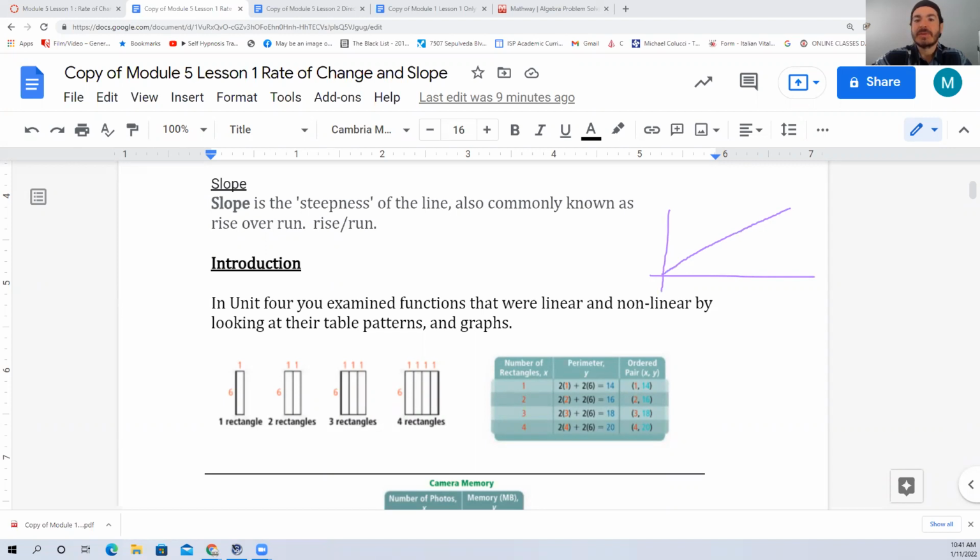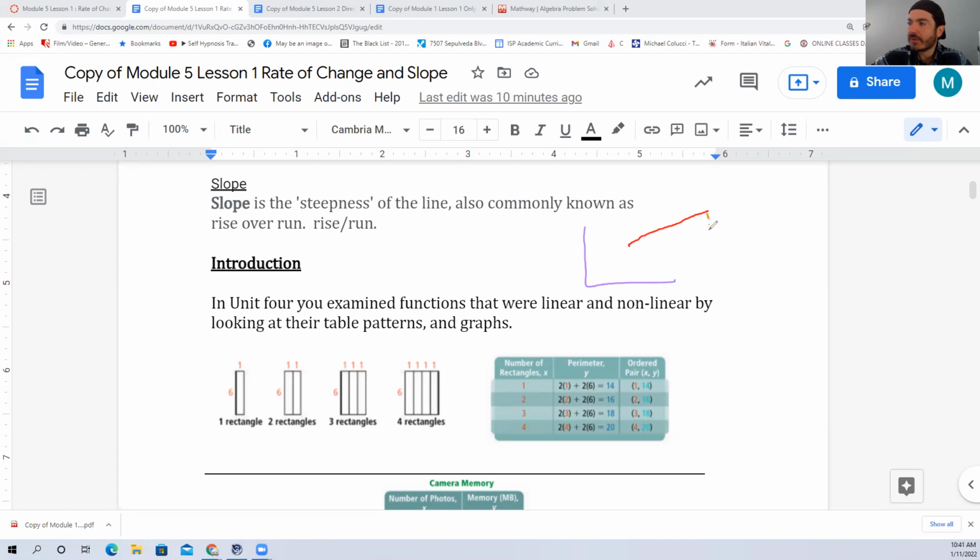Yeah, let me do something a little bit different. Clear all the drawings. Okay, so here are my axes. Here's my line. I'm going to go crazy with colors today. This is my change in y.